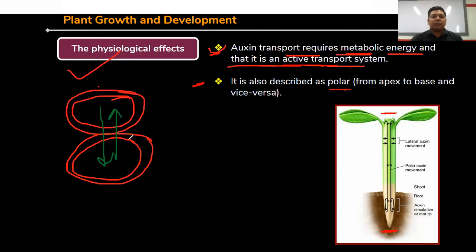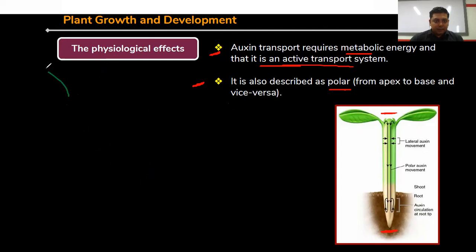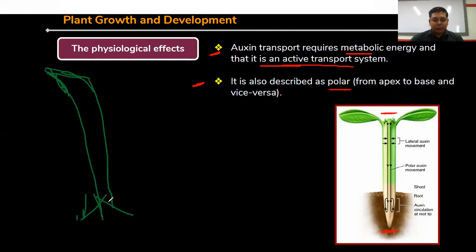Active transportation system is where energy or ATP molecule is required. It is also described as polar, from apex to base and vice versa. Suppose in case of a plant, here the shoot apical meristem is present, and here at the base the root apical meristem is present.